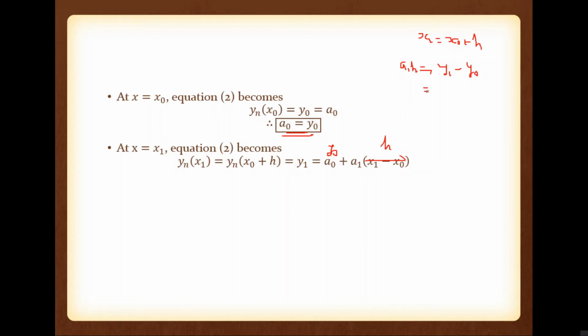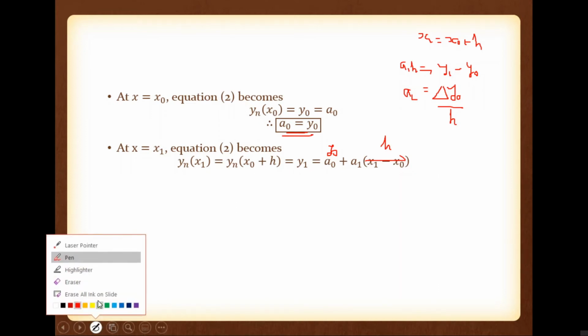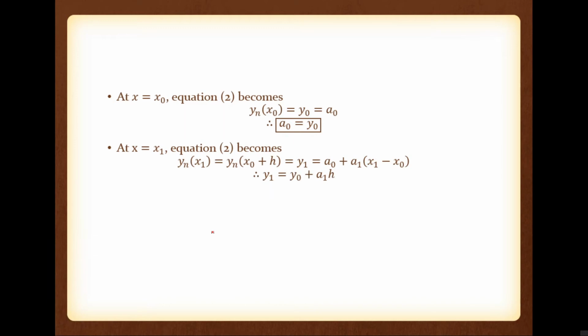By using finite forward difference, y1 minus y0 is nothing but delta y0. Is it okay? So a1 is equal to delta y0 divided by h.